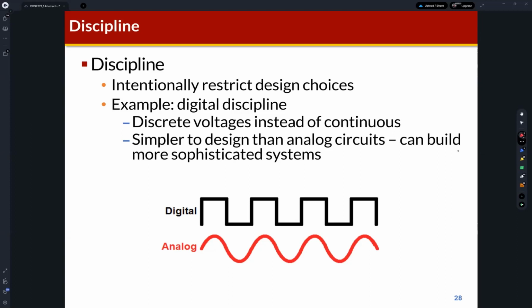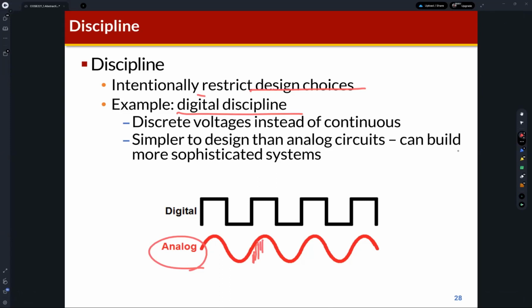The meaning of discipline is to intentionally restrict design choices. This is an example of digital discipline. As I mentioned, the real signal is the analog signal, and the analog signal has many continuous values.